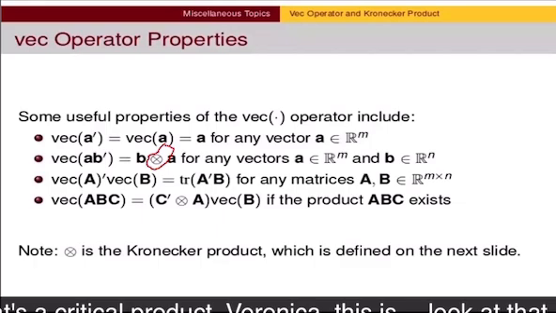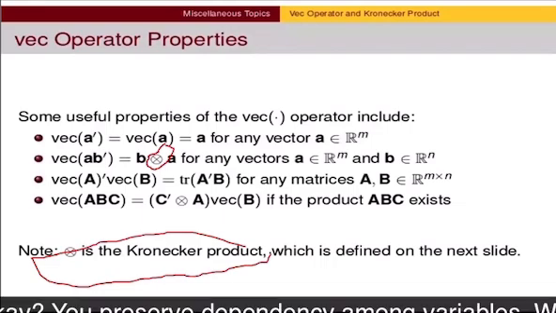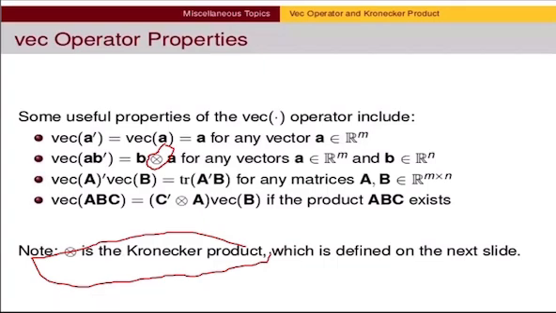This is what I mean by Kronecker. So when you vectorize a matrix, you preserve dependency among variables with Kronecker products, because vectorization guarantees the Kronecker product structure needed to preserve dependencies among variables. Because when you do something to data, how can we guarantee we have not altered the relationships?